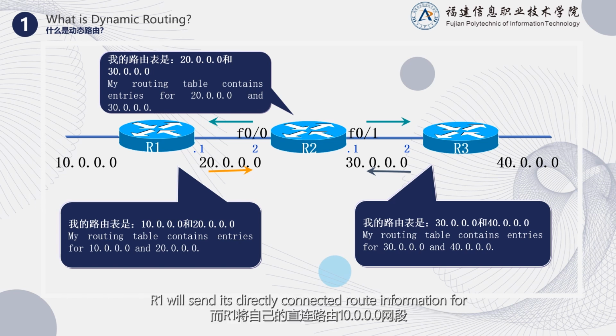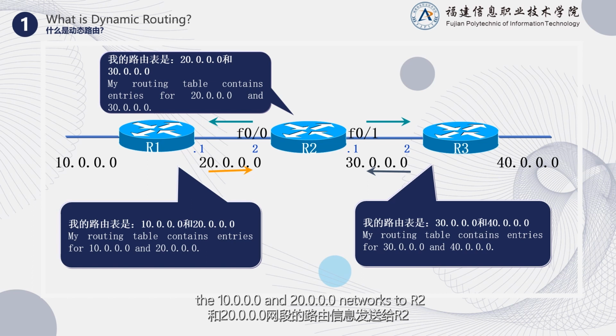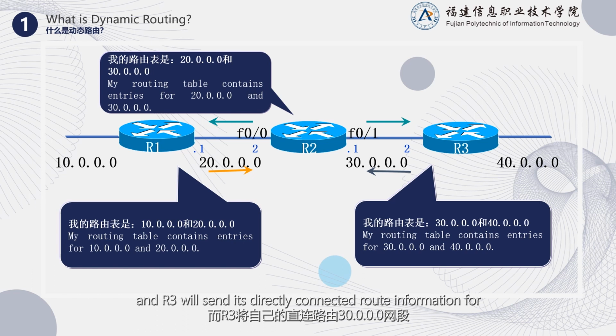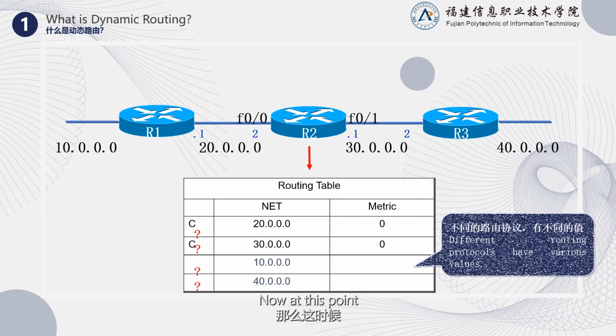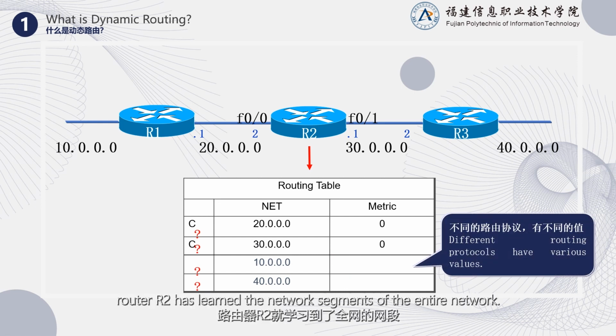R1 will send its directly connected route information for the 10.0.0.0 and 20.0.0.0 networks to R2, and R3 will send its directly connected route information for the 30.0.0.0 and 40.0.0.0 networks to R2. Now, at this point, router R2 has learned the network segments of the entire network.